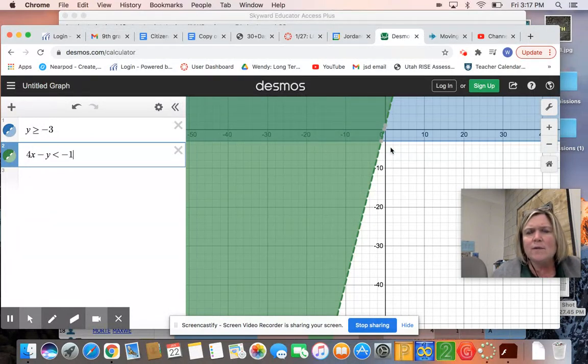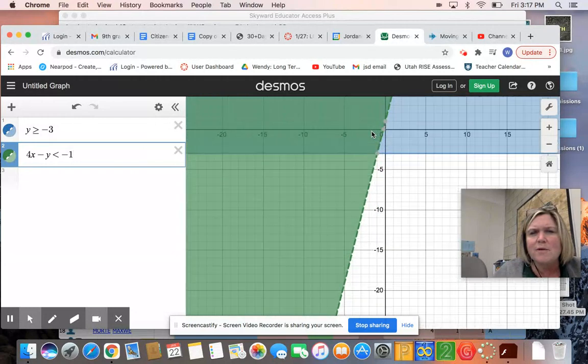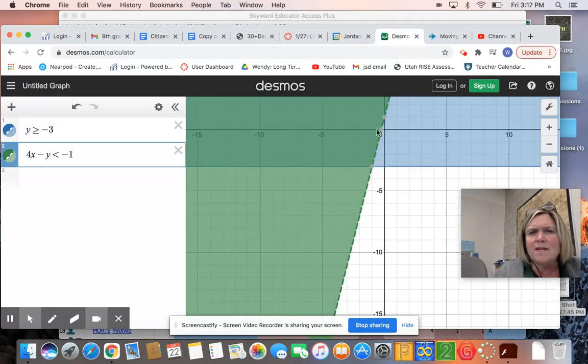We can make it a little bit bigger. There we go. -2 is right here, and 1. Is that part of the solution? Yes, it is. It's in the green and the blue shaded area, so circle (-2, 1).